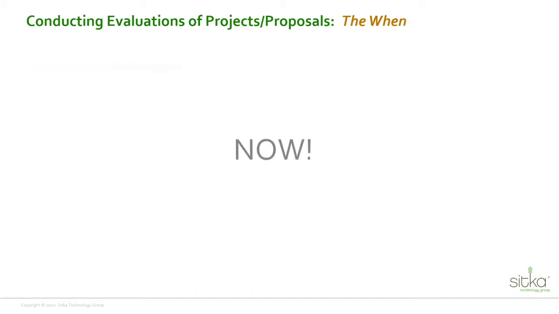All right, so the when, we're going to look at it now. Everything that you guys will be seeing is currently available in the production instances of the application. So if you're not seeing it, it might just be turned off, and just reach out to us if you want it turned on.